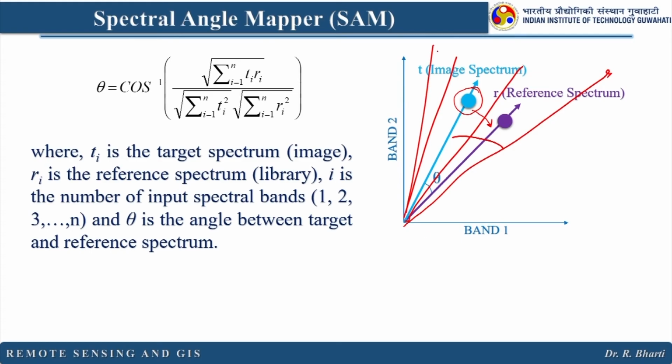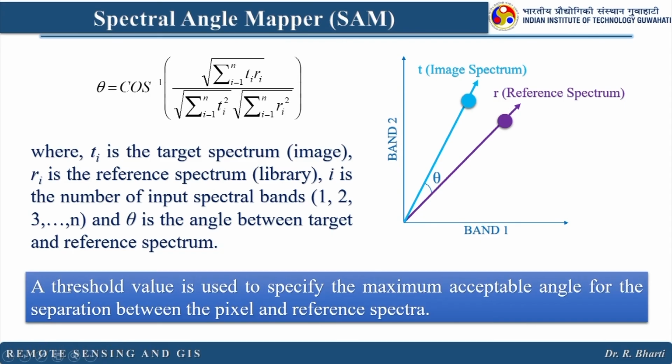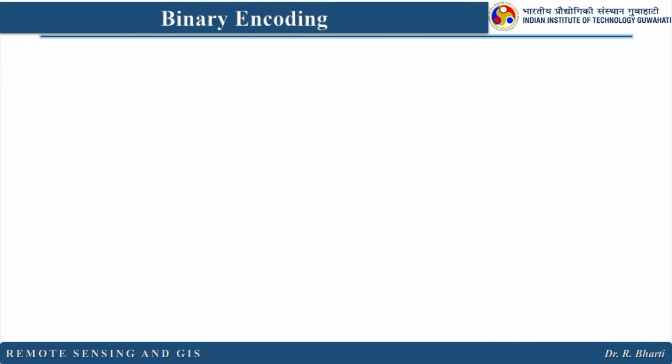Like that you may have 10 or 15 reference spectra, or I will call them end members. With respect to those you will estimate theta, and once the theta value qualifies your threshold value, only then will that pixel be assigned to that class. So that's why a threshold value is used to specify the maximum acceptable angle for the separation between the pixel and the reference spectra.